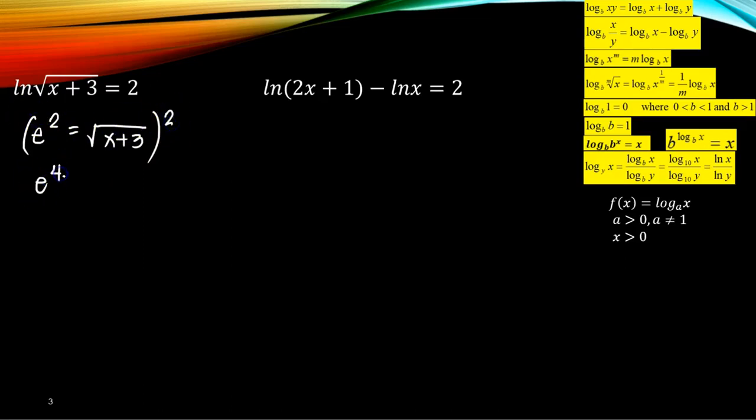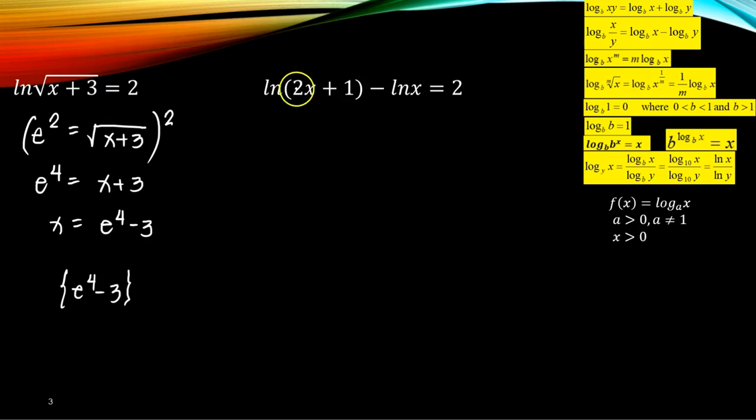So this becomes e to the 4 is x plus 3, or simply x is equal to e to the 4 minus 3. So when you plug this in there, that becomes e to the 4 minus 3 plus 3. So that's e to the 4. Square root of e to the 4 is e squared. So that leaves you 2. So this is correct. E to the 4 minus 3 is your solution set.